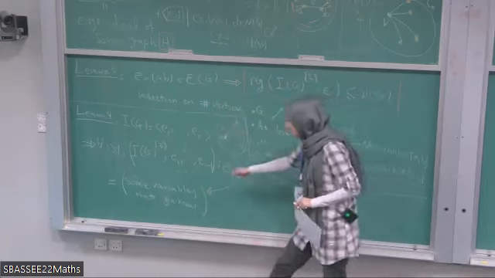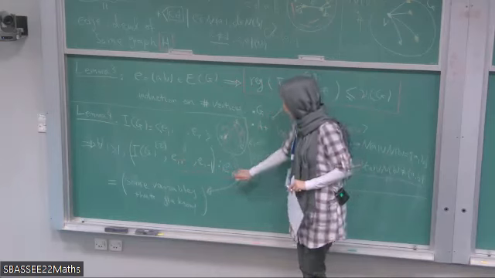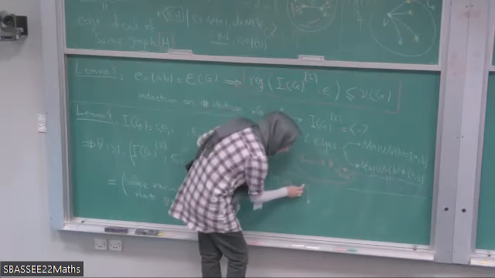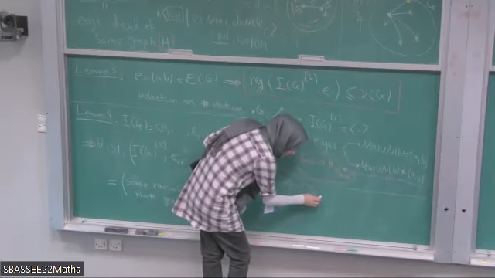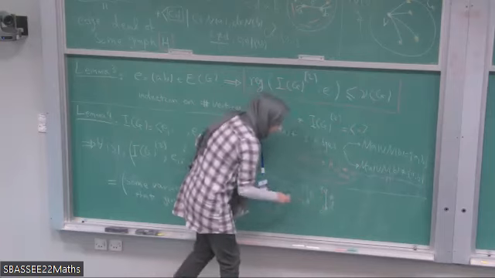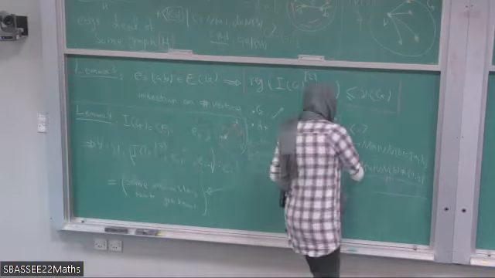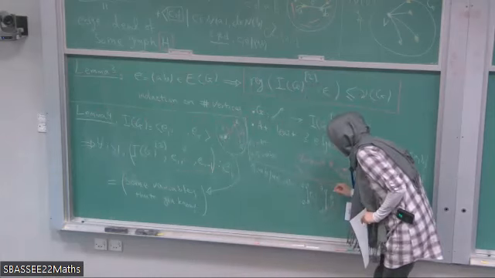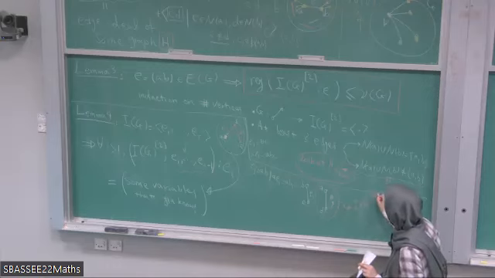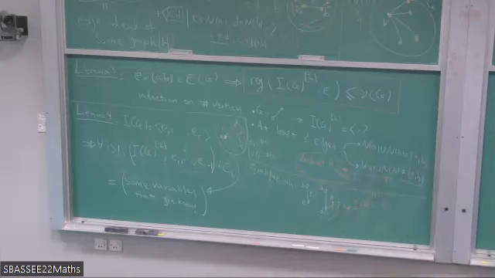What else? If some of these edges do not share any vertex with this e_i, it means that I am in this situation. This is my e_i, let's say BC, and this is my e_j, AB. Yeah? So it means that this e_j is already a generator of the second power colon e_i, right?